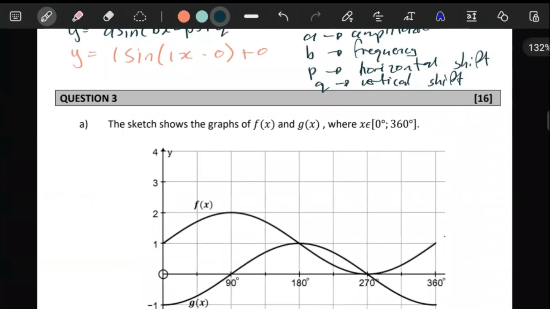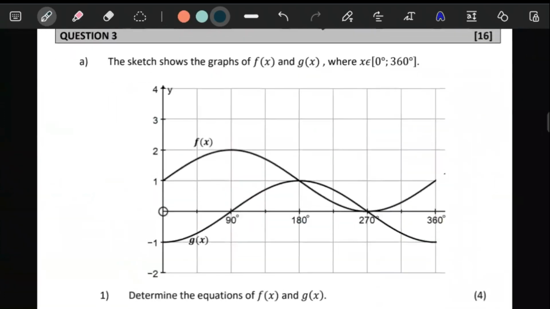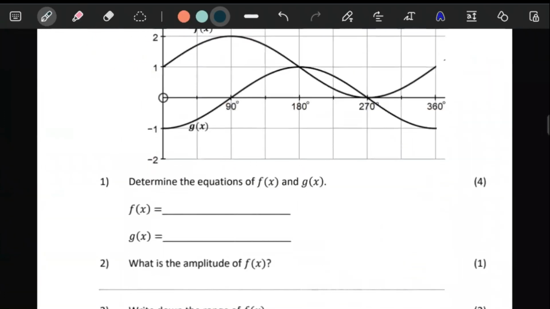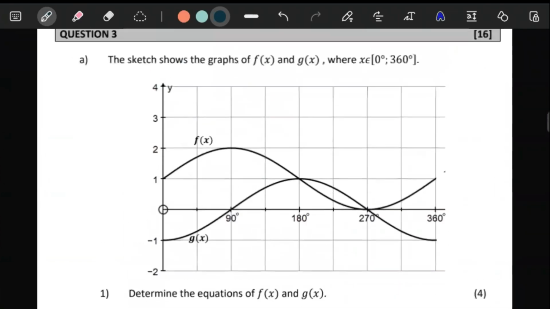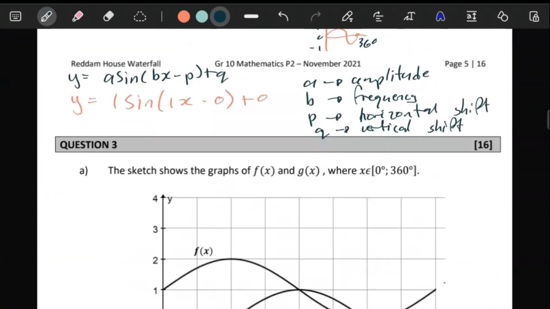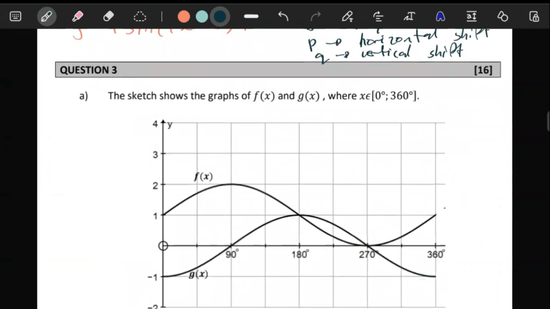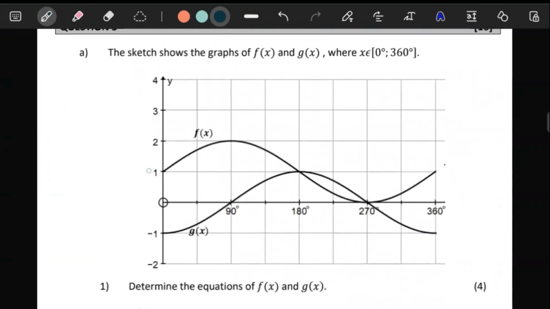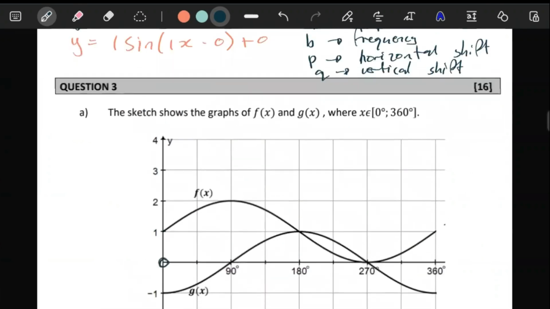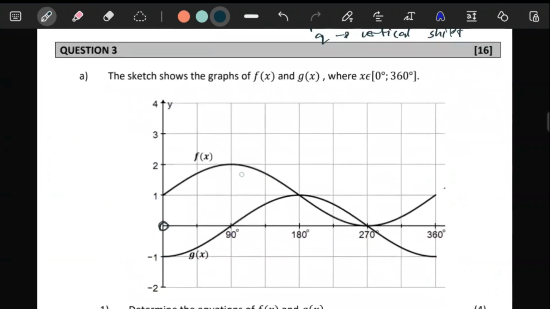Keep in mind that for you to have an equation of your graph, you have to get a value for a, b, and q, because p is a shift from left to right. Firstly, you have one graph all the way from 0 to 360.